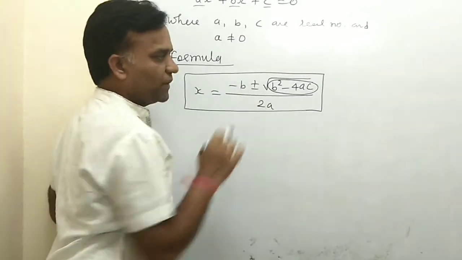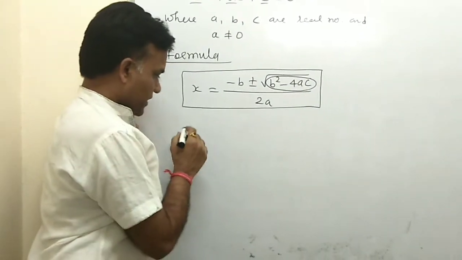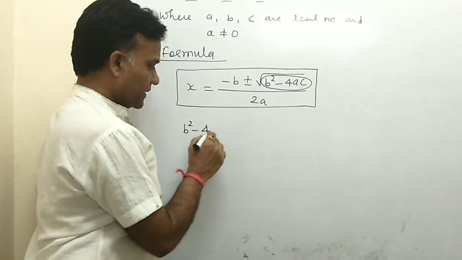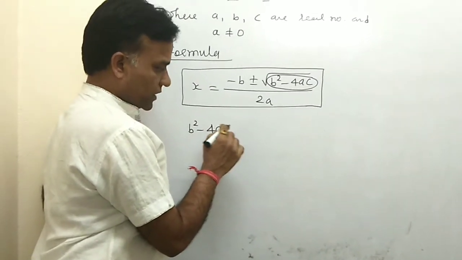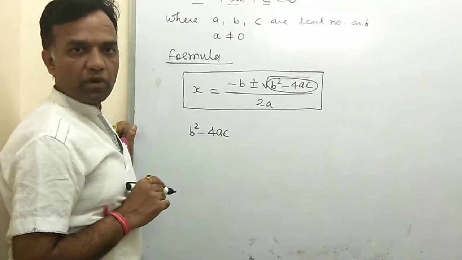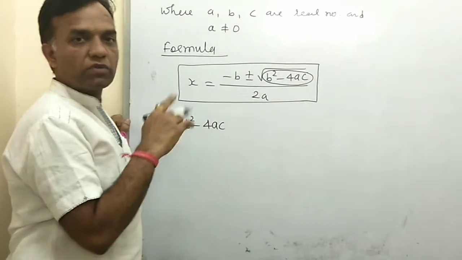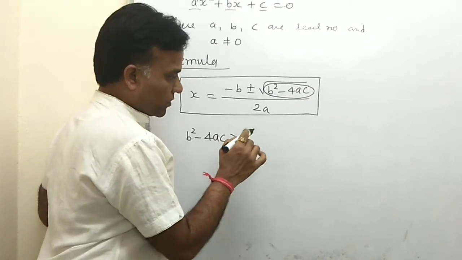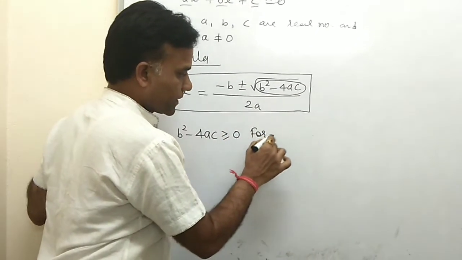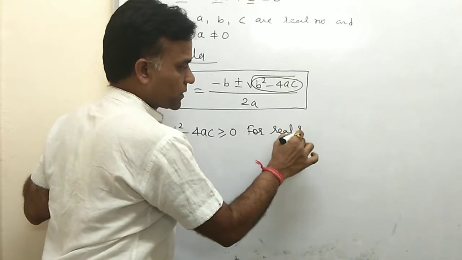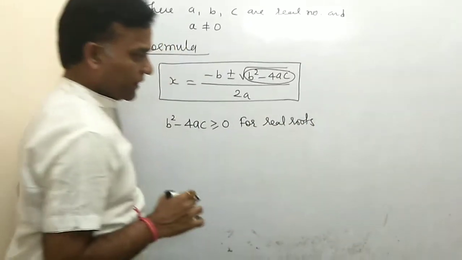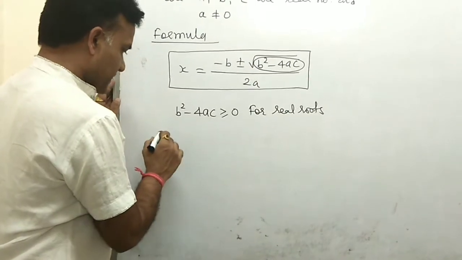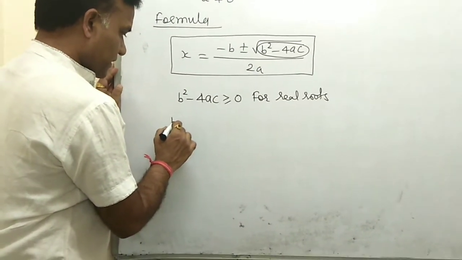This value is called the discriminant. It is always greater than or equal to 0 because of the square root sign, for real roots.